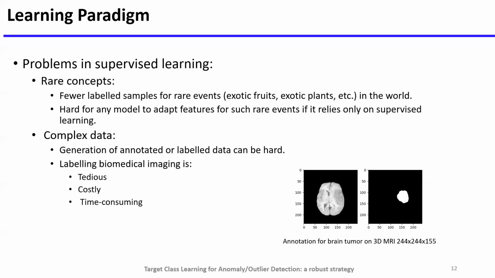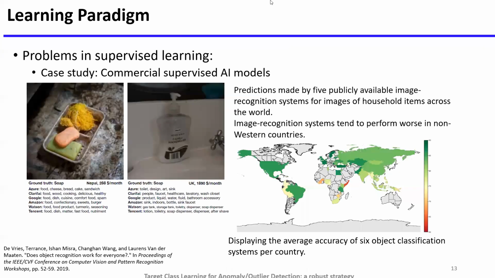Sometimes the data belongs to critical domains, for example biomedical imaging, where it becomes very difficult to manually label. Sometimes it is time consuming, sometimes very tricky, and sometimes costly also. These are the problems we are dealing with in the present learning environment.